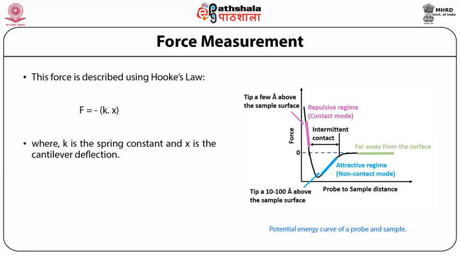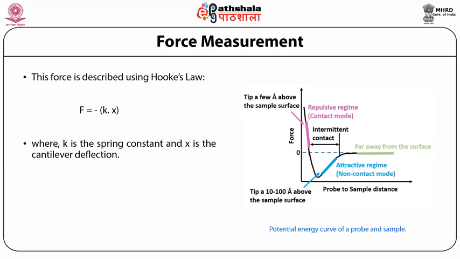In the non-contact mode, the cantilever is held on the order of 10 to 100 angstrom away from the sample's surface. Thus, as a result of long-range van der Waals interaction, the interatomic force between the probe and the sample is attractive, as shown in the blue area in the curve of figure 8.